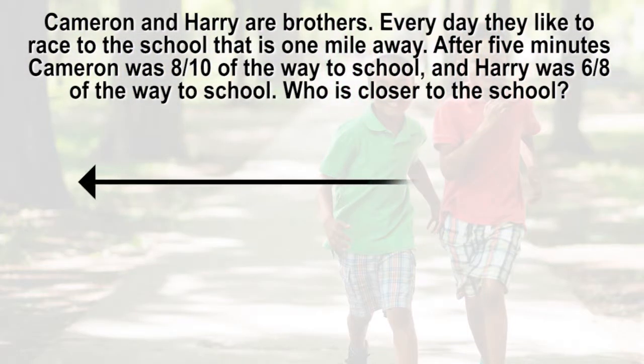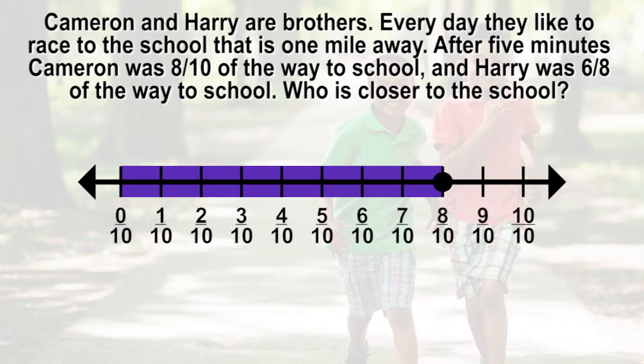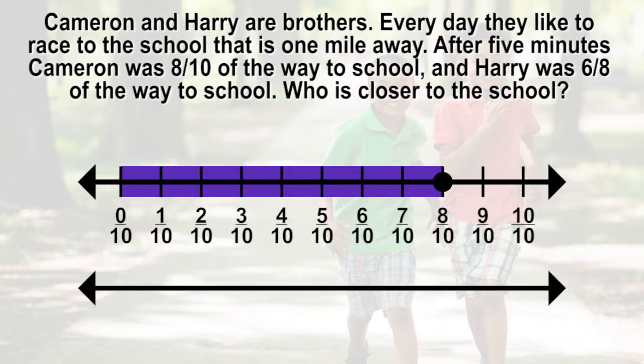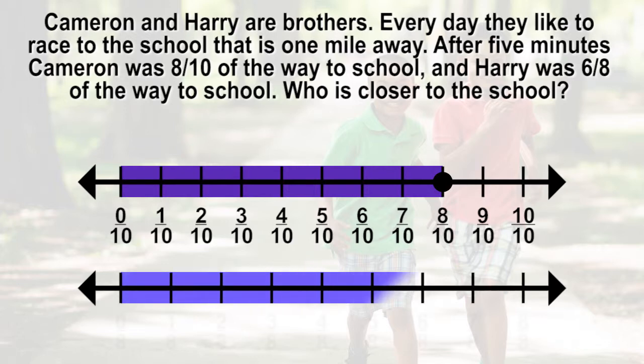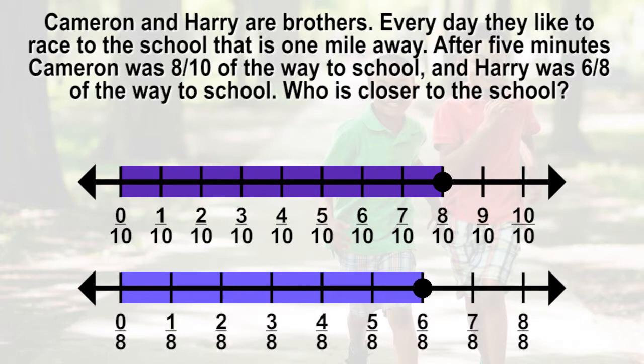First, let's draw a number line for Cameron. He was 8/10 of the way to school, so we need to partition our number line into tenths and mark 8/10. Next, let's draw another number line for Harry. He was 6/8 of the way to school, so we will partition our number line into eighths and mark 6/8.